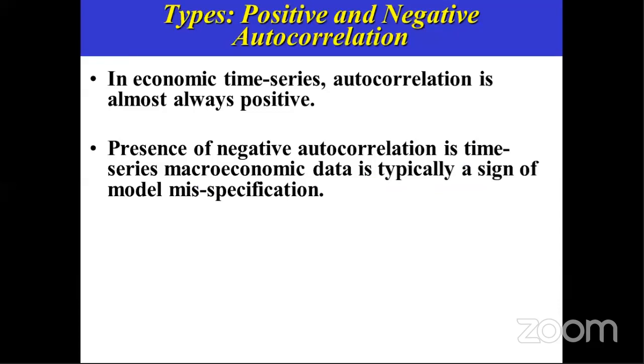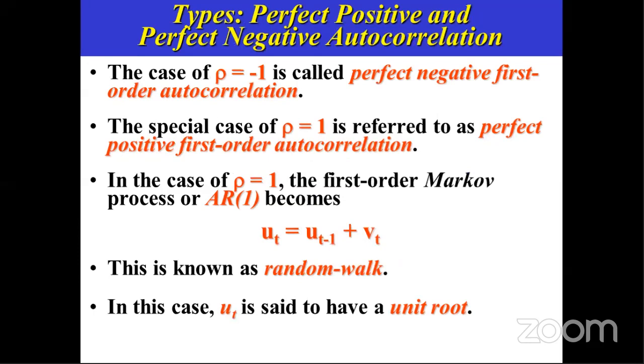The next important point is that within the types of autocorrelation, especially positive and negative, our discussion is only related to positive autocorrelation, not negative autocorrelation, because negative autocorrelation is not because of the data, not because of the error term, it is because of the mis-specification of the model. Hence our focus here is only on time series data and only positive autocorrelation in time series data.